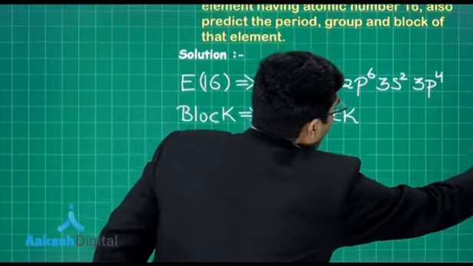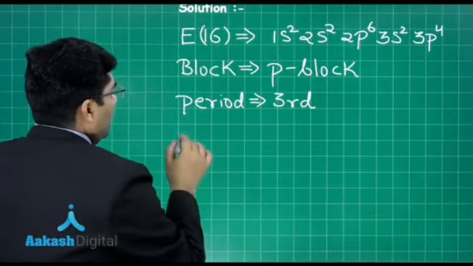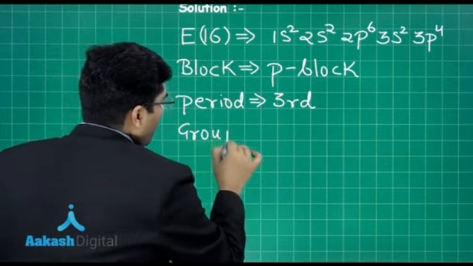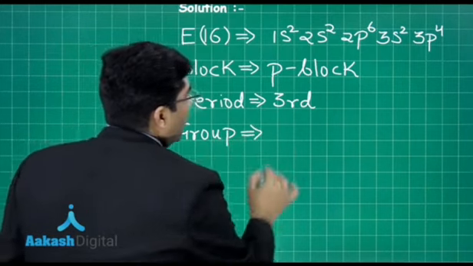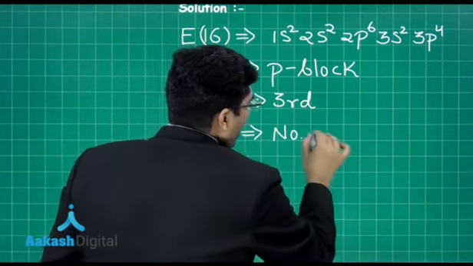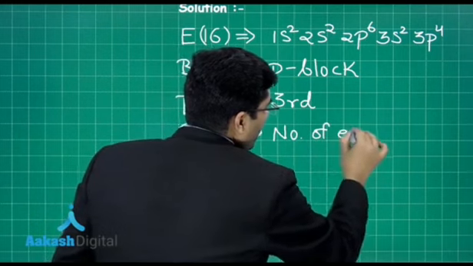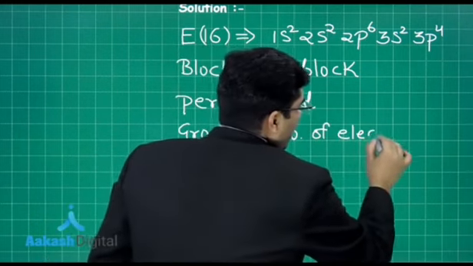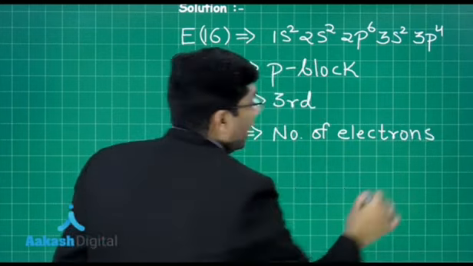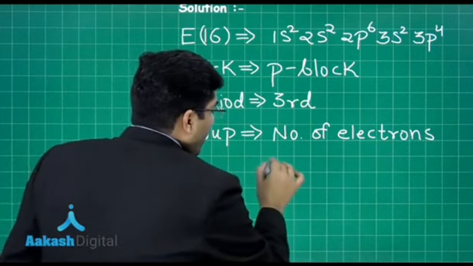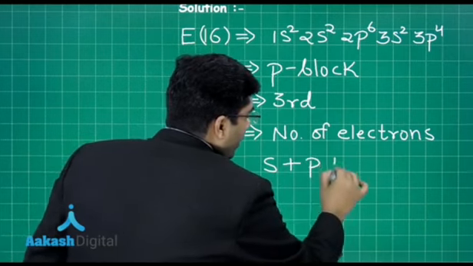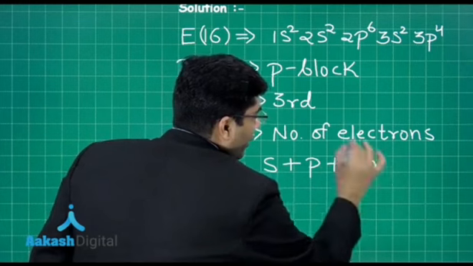So for the group, we add the number of electrons in the s subshell and p subshell, and then add 10.